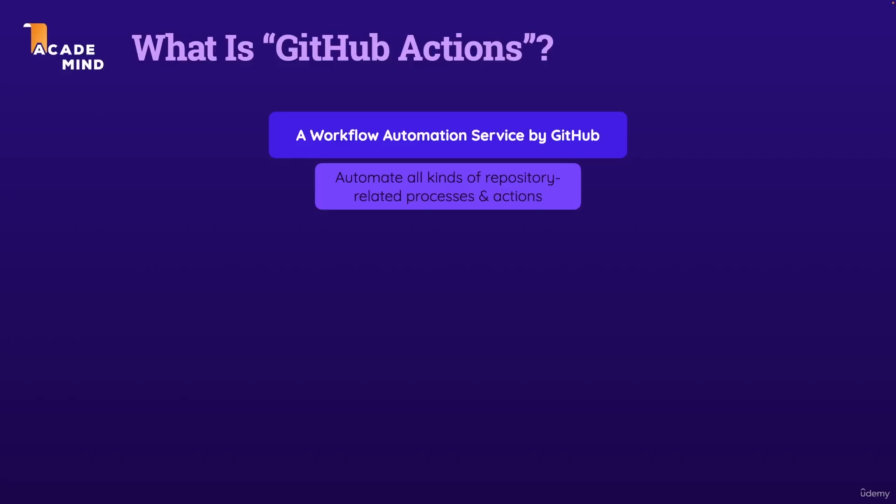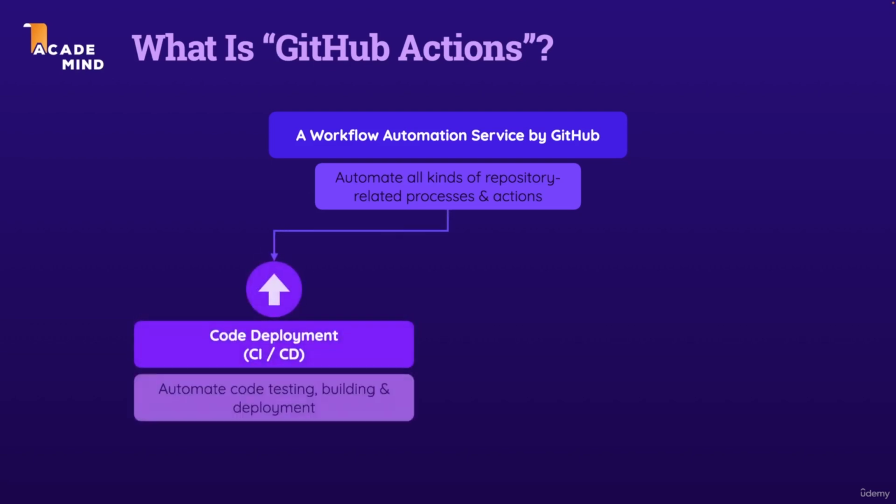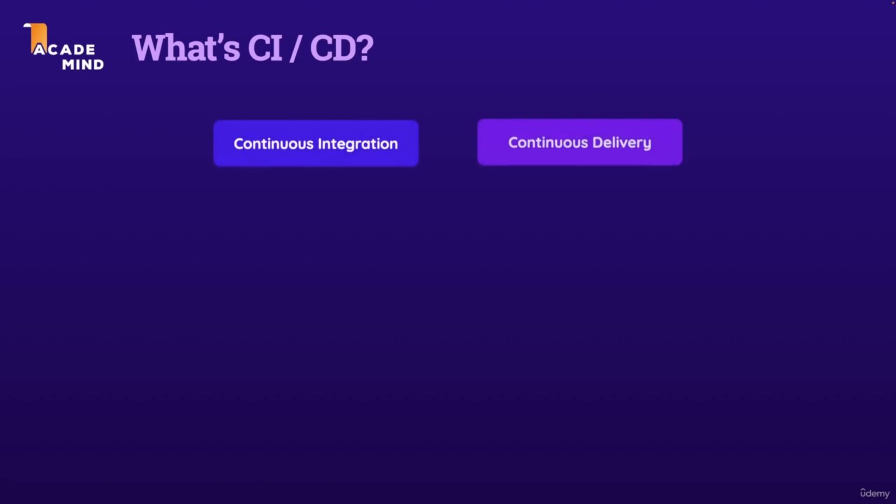And there are, you could say, two main areas of processes that can be automated. And arguably the most prominent and important area is the area of CI/CD processes, of code deployment, you could say. Now, CI/CD stands for continuous integration and continuous delivery, though the CD can also stand for continuous deployment, for example.